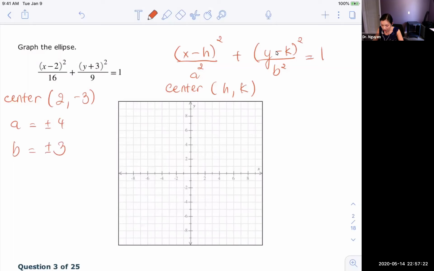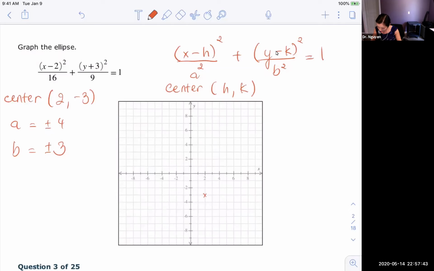Okay, so now let's graph. First, we locate the center, (2, -3), right here. And then you see A and B, that's going to help you to go left, right, or up, down. So like I said, A goes with X, so that means you go left and right.